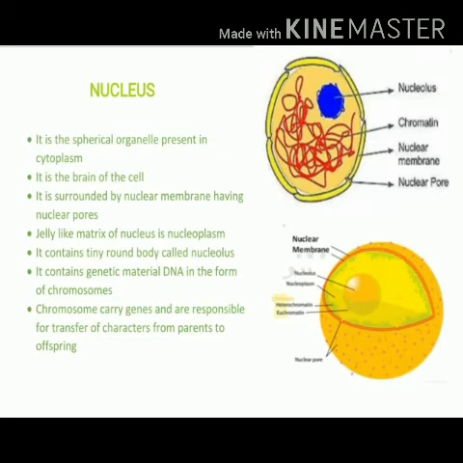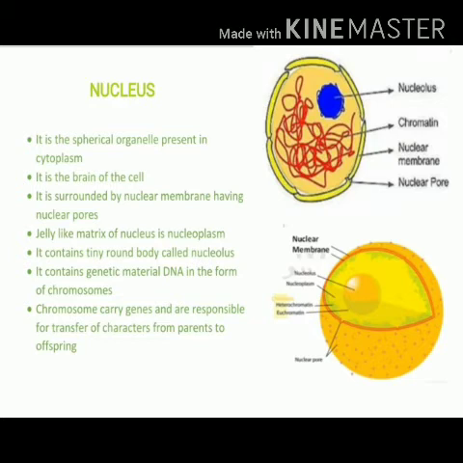After the nuclear membrane, we have the nucleoplasm in the nucleus. As in cells we have cytoplasm, in the nucleus we have the fluid or jelly area present inside. We call it nucleoplasm. Now when you observe the structure, you will find a tiny round body inside the nucleus, and that tiny round body is called the nucleolus.